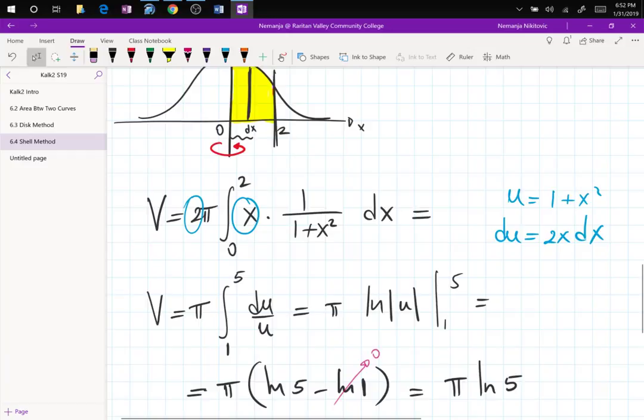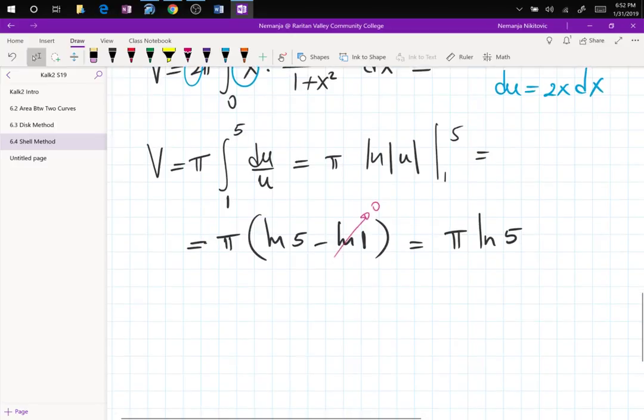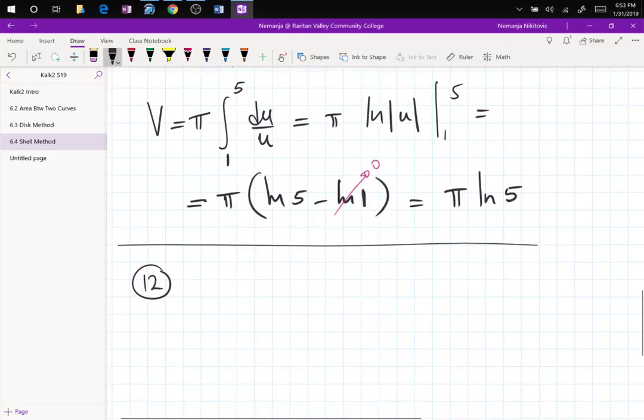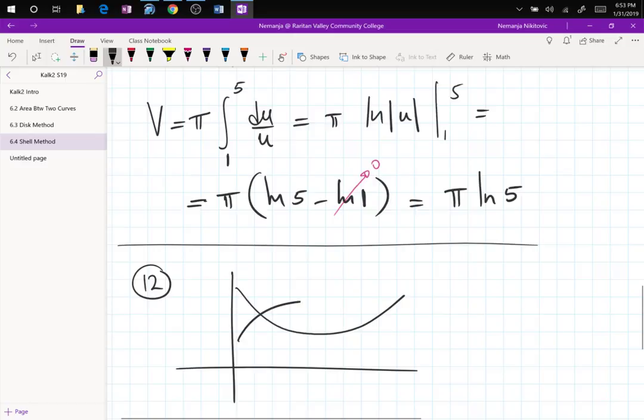All right. It's time to do something a bit spicier. Problem 12 is going to intersect two parabolas. The parabola on top is y equals negative x squared plus 4x plus 2.